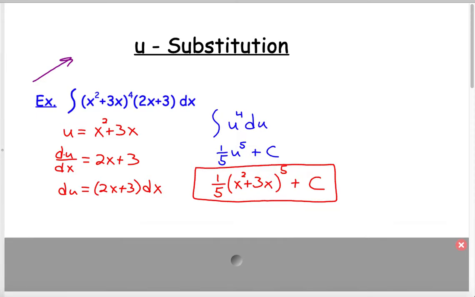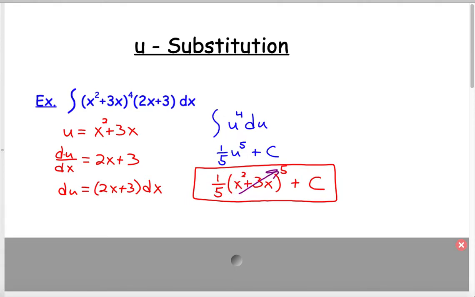Now, you may have been able to do this problem without this formal U-substitution. When you look at this, you realize, wait a minute, something to the fourth power, it's going to be 1/5 this to the fifth power. That's easy enough to figure out. But when you take the derivative of this, you multiply 5 times 1/5, that cancels.